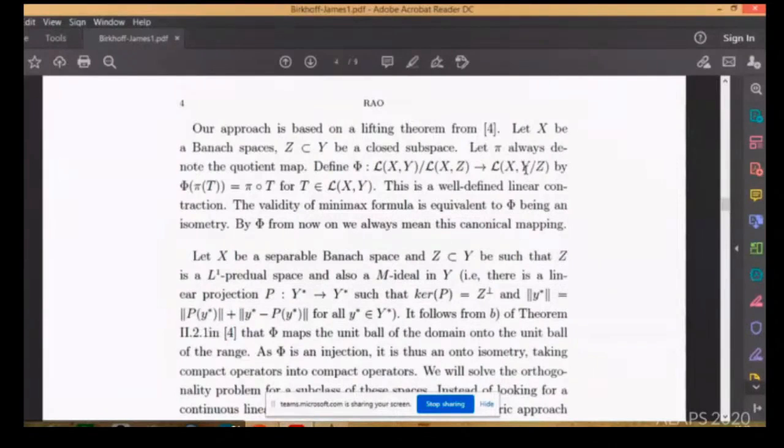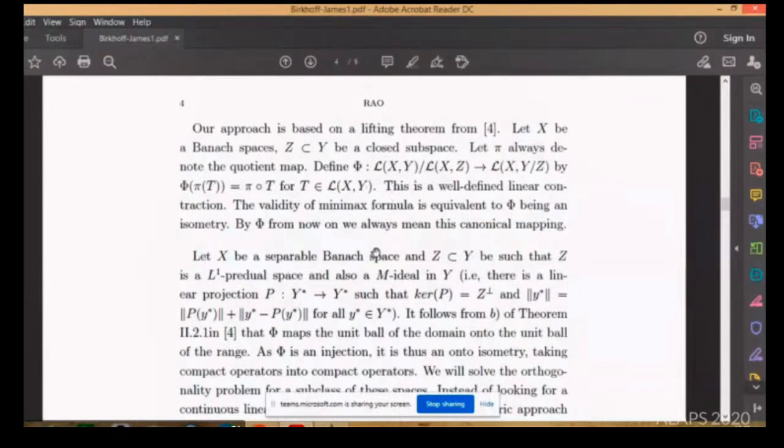So then, associated with this subspace L(X,Z), you can look at the quotient space L(X,Y) quotiented by L(X,Z), and then you map it into operators from X taking values in the quotient space Y/Z. So Z is a subspace of Y, so I have the quotient space Y/Z, whereas L(X,Z) is a closed subspace of L(X,Y), so I have this quotient space of operators and send it to the space of operators, and this is the map.